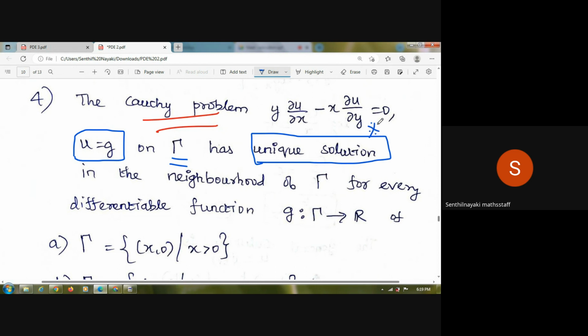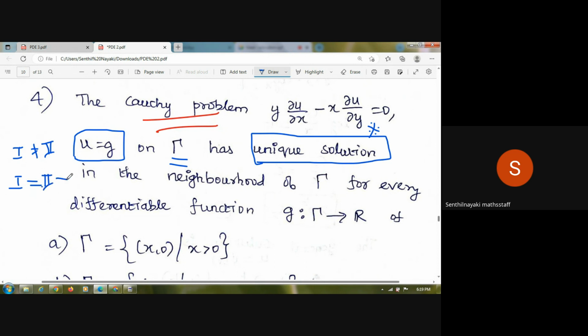So what is the definition of unique solution? First we have to find the first ratio. If it is not equal to the second ratio, then we get the unique solution. Suppose the first two ratios are equal and equal to the third one, then we get infinite number of solutions.